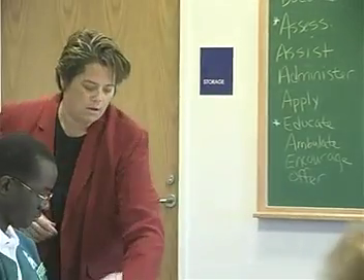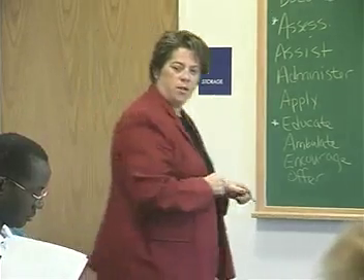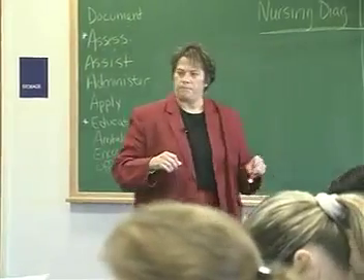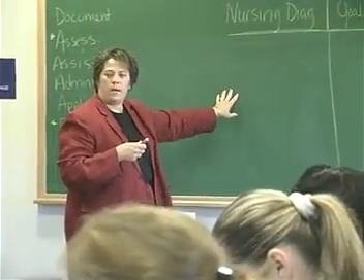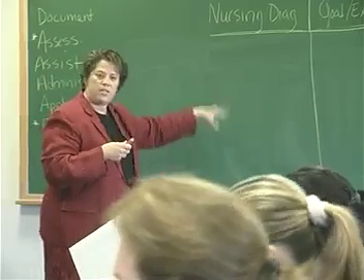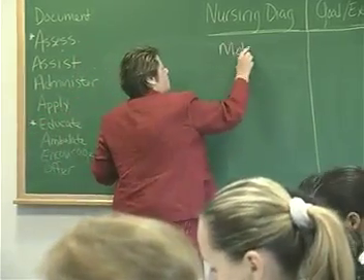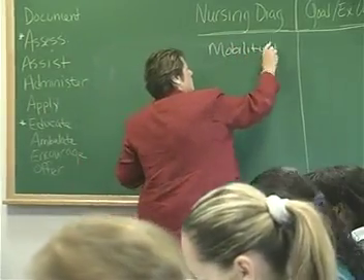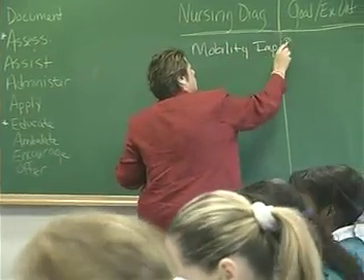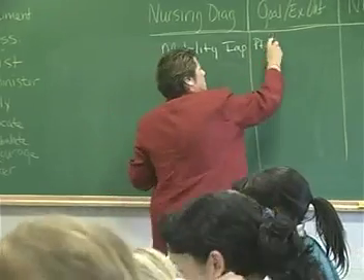It's right there. So in your diagnosis, it would be mobility impaired. And you have got it all written out, right? I'm just going to write mobility impaired. I'm not going to write the whole diagnosis that you have down there just for time's sake. But we all know that we're talking about mobility impaired. And what was our goal?